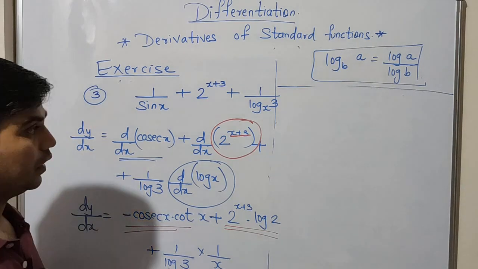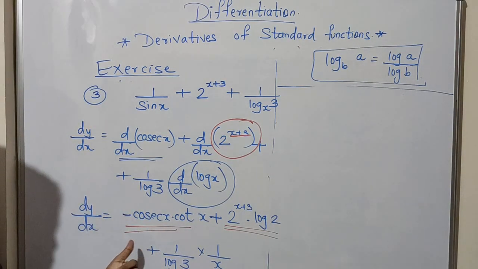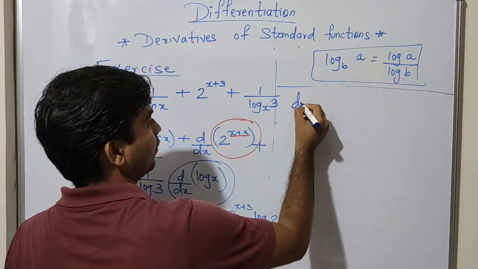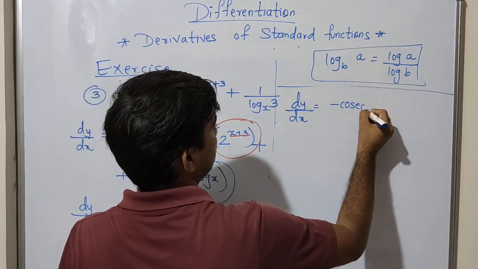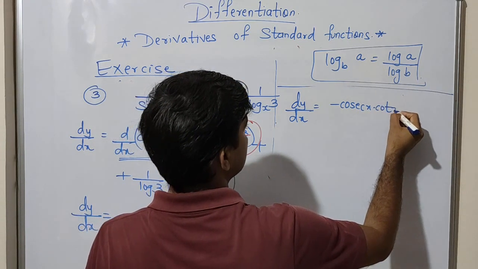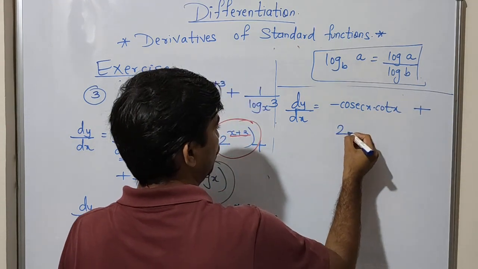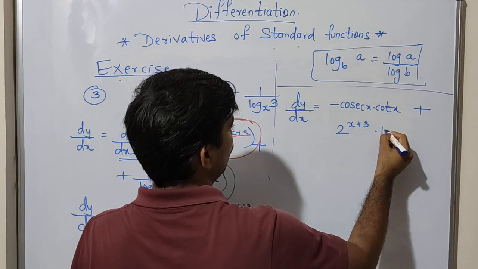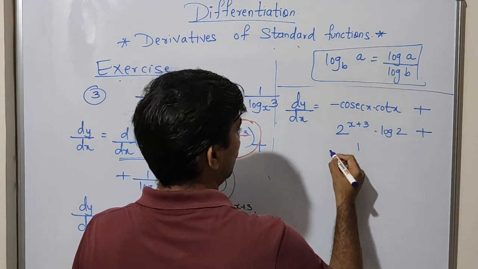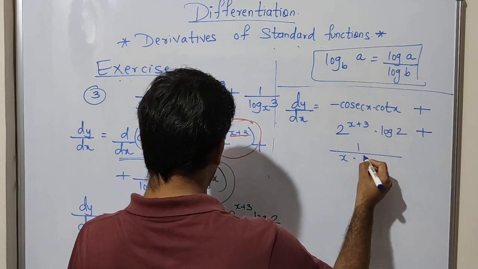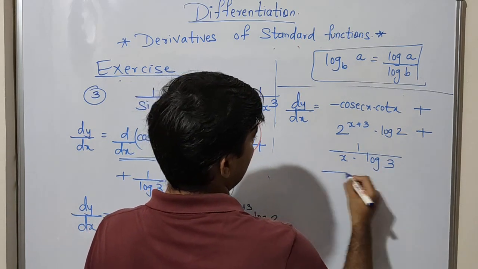So dy by dx will be minus cosec x into cot x plus 2 raised to x plus 3 into log 2 plus 1 upon x into log 3, and we are done.